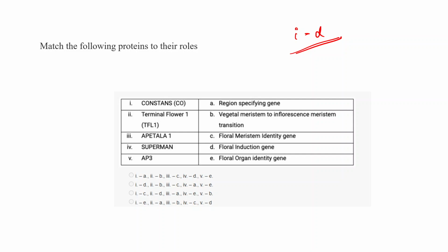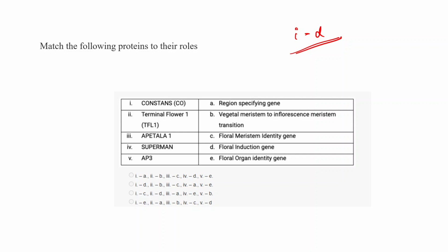Second is TFL1, which is Terminal Flower 1. So what is TFL1? It is involved in the inflorescence meristem transition. What TFL1 does is that it controls the inflorescence meristem identity and the timing of transition to flowering.